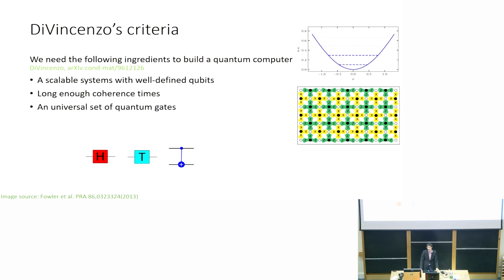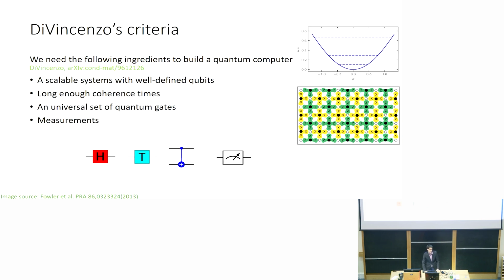And then you need two qubit gates which can entangle qubits, which in this case is a controlled NOT operation. With this universal set, you can build arbitrary unitary operations. And finally, to get something out of your quantum computer, you have measurements to get some results and compare what they are giving.